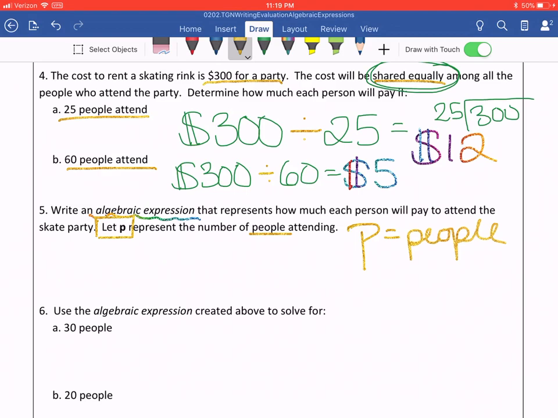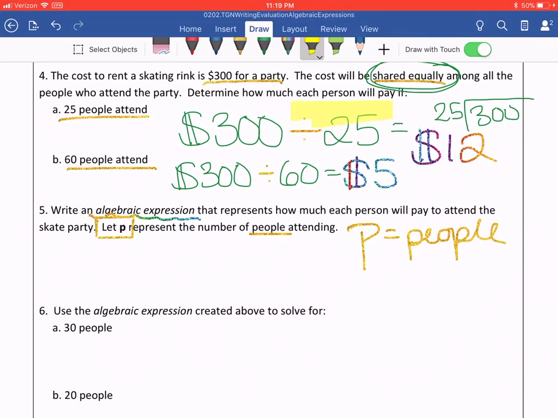So we need to look back at the equations we've already done, and ask ourselves what value is varying, what value is changing, what value represents the people. As I look back, my $300 remains the same, and it's not representing the people, so it doesn't make sense to put P in the place of 300.